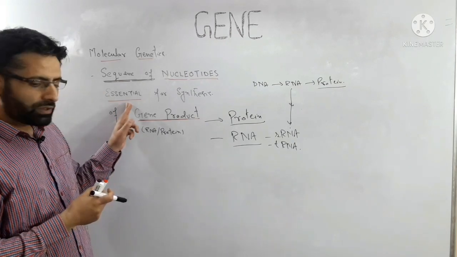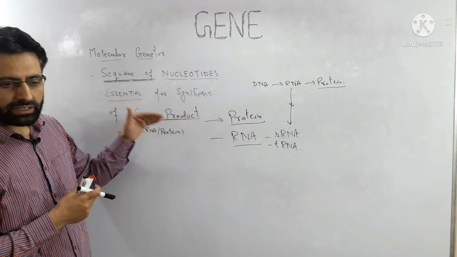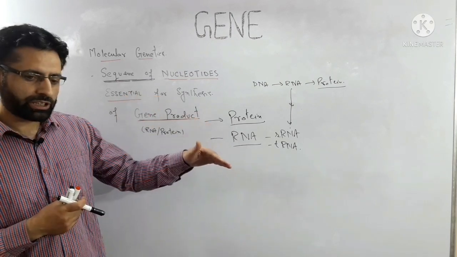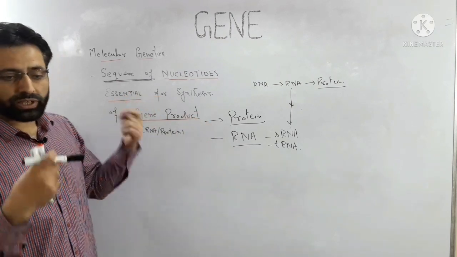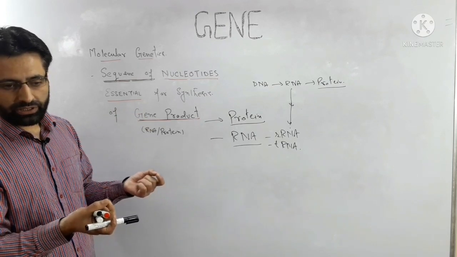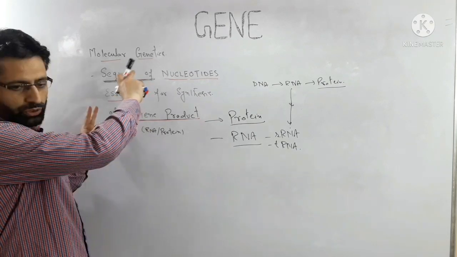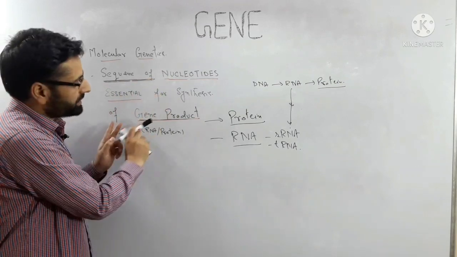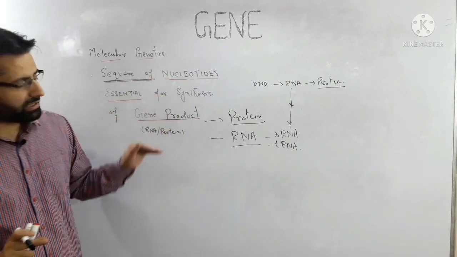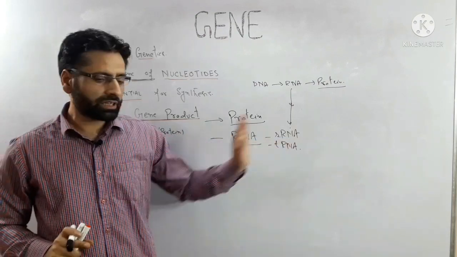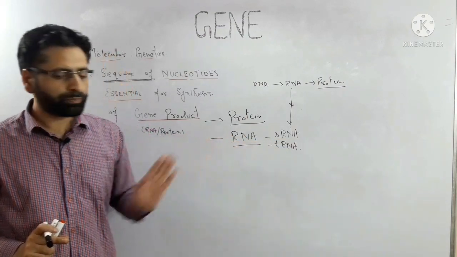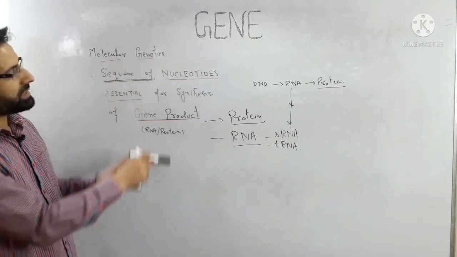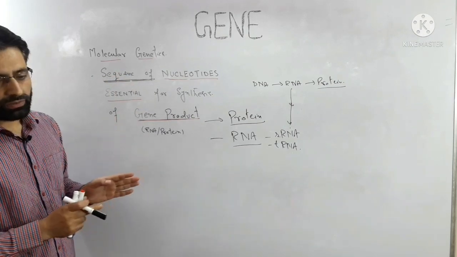If the non-coding sequences are essential for the activity of these genes, then those non-coding sequences are also included in the definition of the gene. And this is a sequence of nucleotides which is essential for the synthesis of gene product, and this gene product can either be the RNA or it can be the protein. So this is the definition of gene.